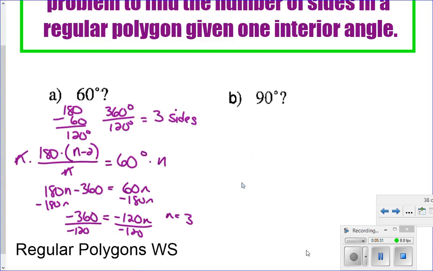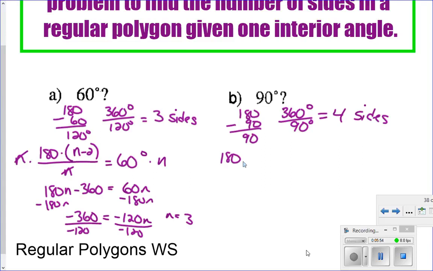This one, same approach. We'll use exterior first. Again, we'll get the exterior angle, which is 90, and then dividing the sum of the exterior angles by 90 gives us 4. So there are 4 sides. This is a regular quadrilateral. I can do that the other way as well, using my formula. 180 times the quantity n minus 2 over n is equal to 90.